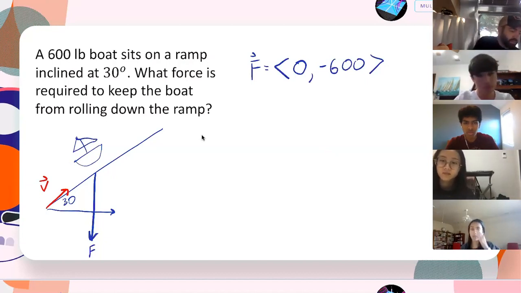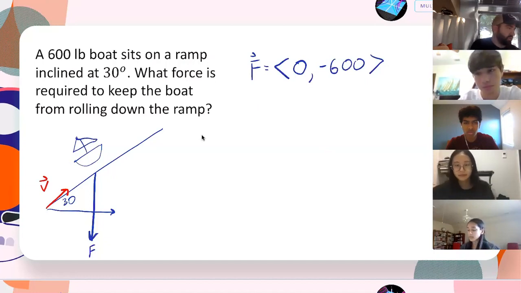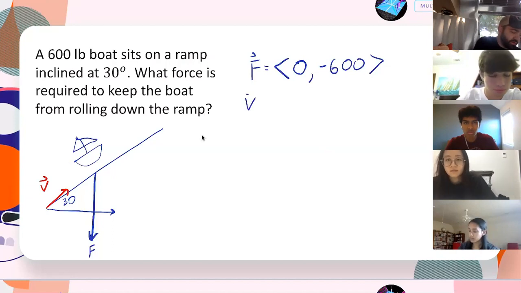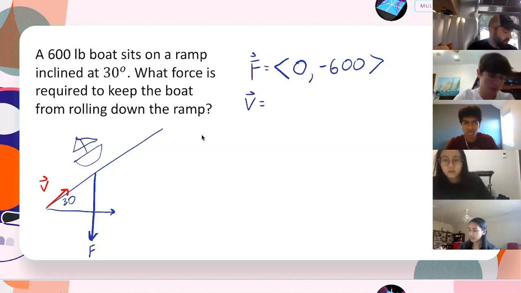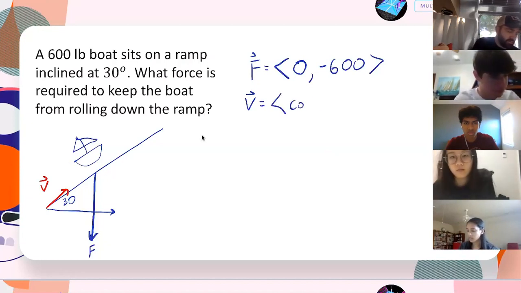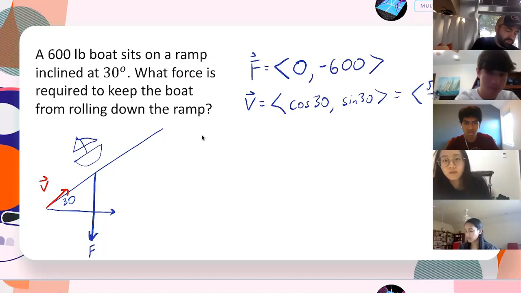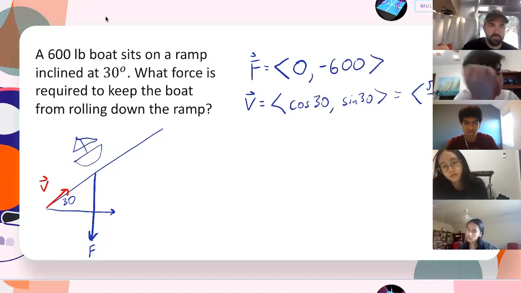It doesn't really matter the length of it. I'm just going to choose a unit vector because that's the easiest thing. So remember, if we think on the unit circle, any vector going in the direction 30 degrees is what we want, we can just use cosine 30, sine 30, which is root 3 over 2 and then 1/2.